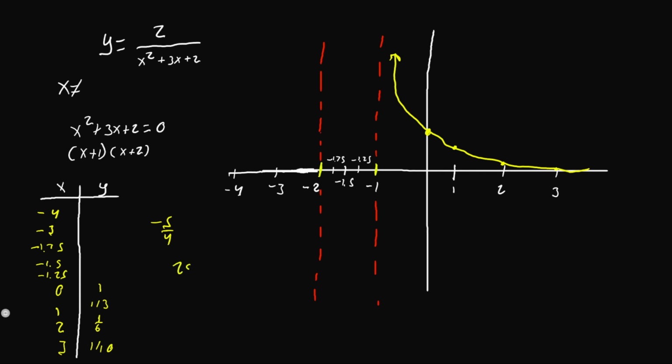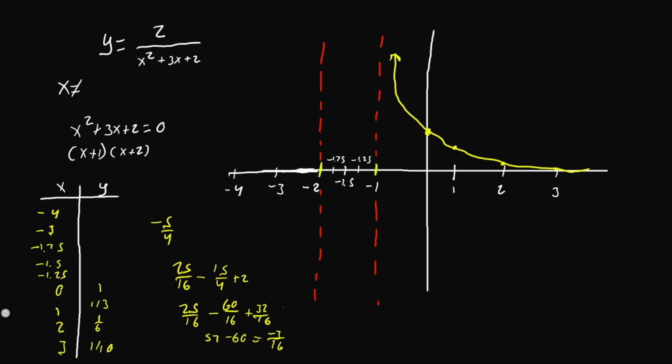So we get 25 over 16 minus 15 over 4 plus 2. And that is going to give us 25 over 16 minus 60 over 16 plus 32 over 16. We can go ahead and just add, giving us 32 plus 25, which is 57, and minus 60 is equal to negative 3 over 16.